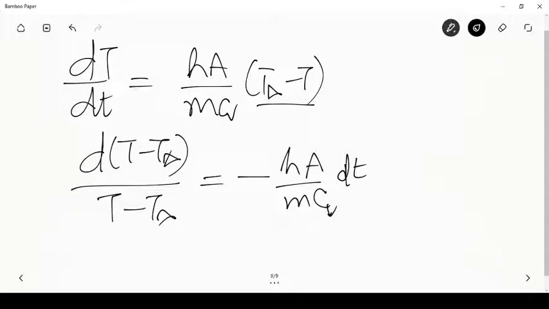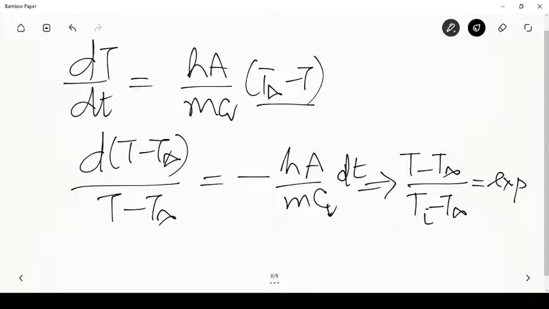Okay, so if you integrate this expression, you will get T minus T infinity, and applying the boundary condition that at time t equal to 0 the temperature is T_i, and subtracting those two, we will get (T minus T infinity) by (T_i minus T infinity) equal to the exponent of minus h A_s t divided by m c_v.